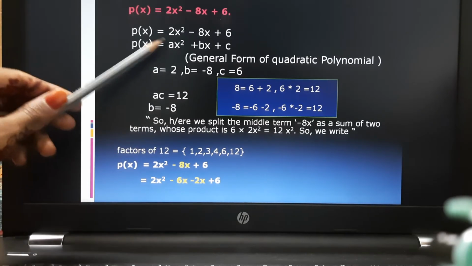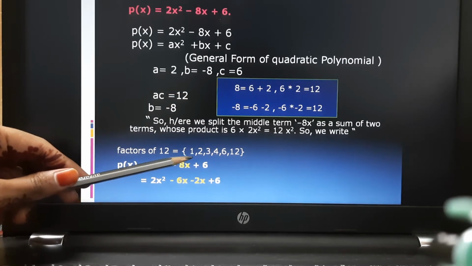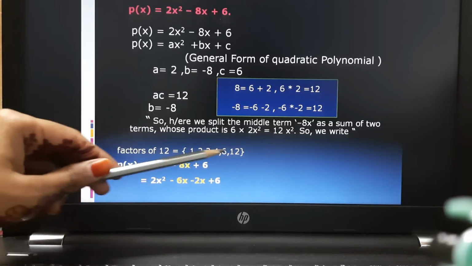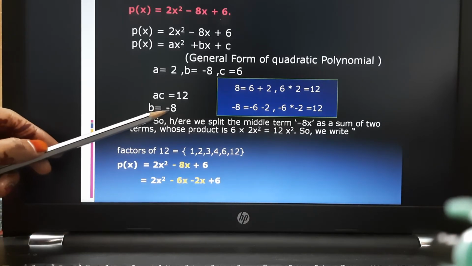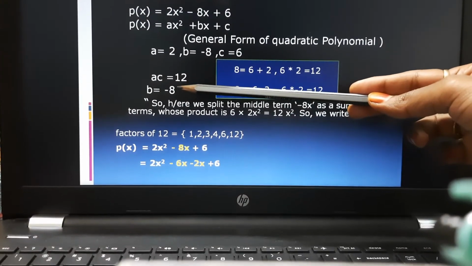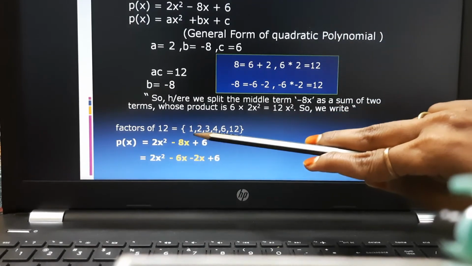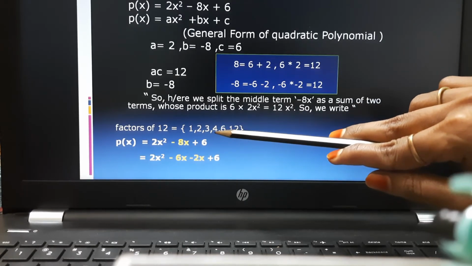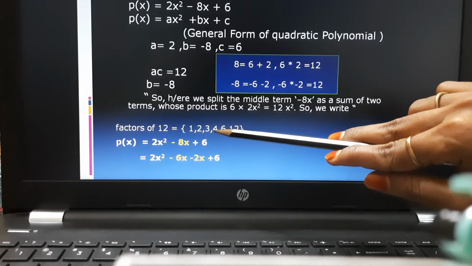12 is the product of the first and last term, right? So you write the factors, then split the middle term using two of these factors. We need to get 8 by adding or subtracting. Let's see: 1 plus 2 is 3, which is too small. 4 plus 6 is 10, which is bigger. 6 minus 4 is 2.